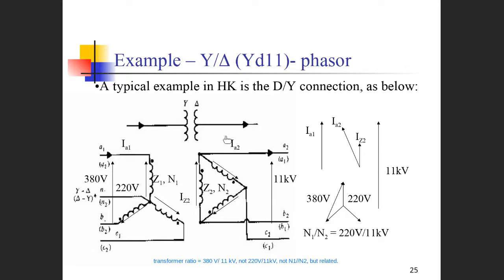So in such a way, for the low voltage side star calculation, we can take one phase here, Z1, as the per star phase impedance.